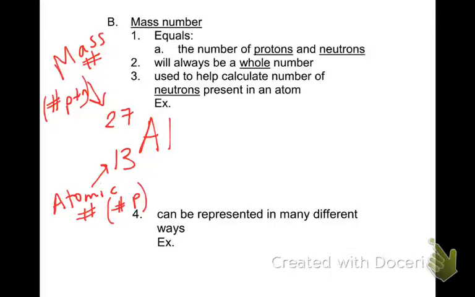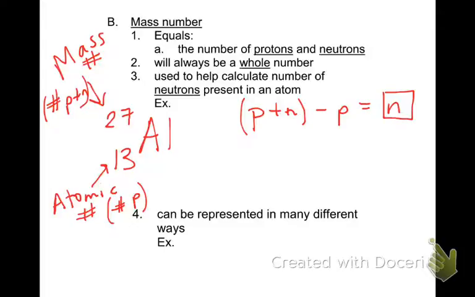So looking at these, doing simple algebra, how do we determine the number of neutrons? Not too bad. If we've got a number that represents protons plus neutrons, and we want to determine the total number of neutrons, we would simply subtract the number of protons and be left with our neutrons.